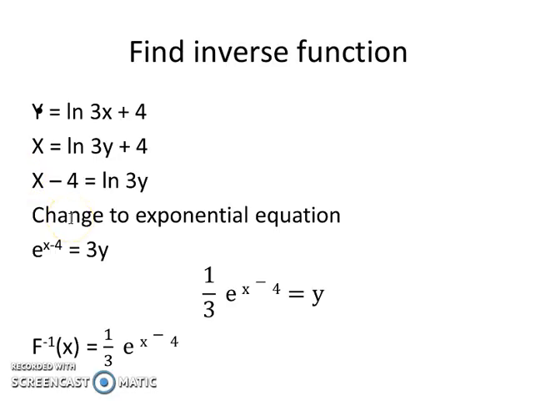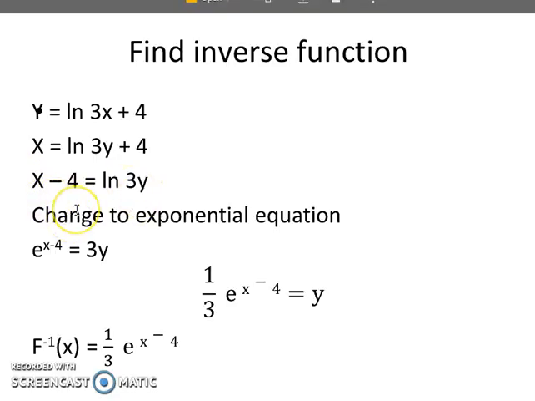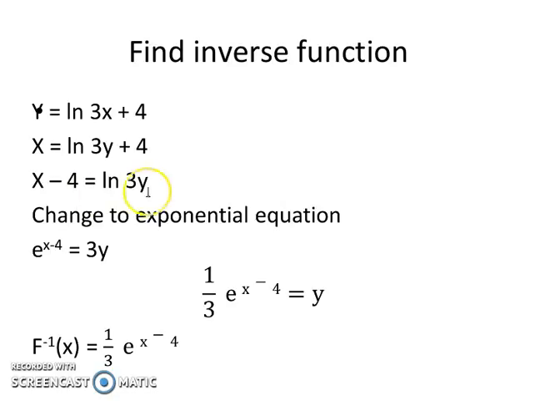Now we're going to change this into an exponential equation. Remember, ln is the same thing as log base e. So we're going to have e to the x minus 4 equals 3y. Then we'd want to divide by 3. So here would be our function when we divided it by 3.